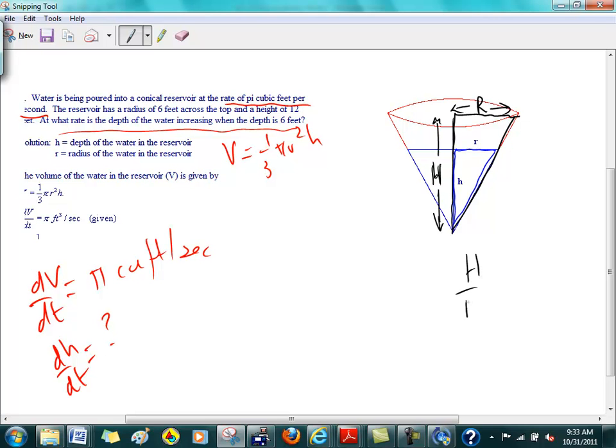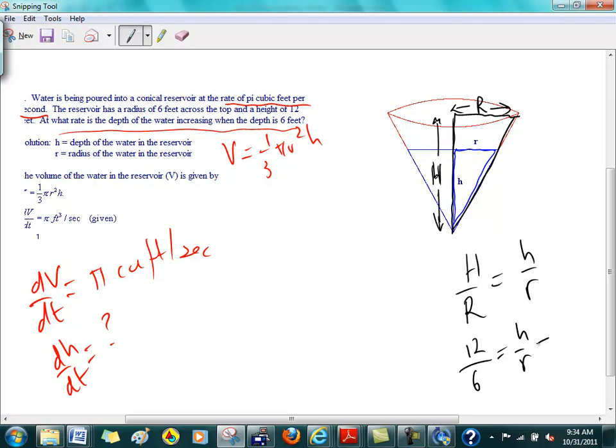From similar triangles, would you be willing to write this relationship? If you read the paragraph, can you tell me what uppercase H is? 12. What's uppercase R? 6.